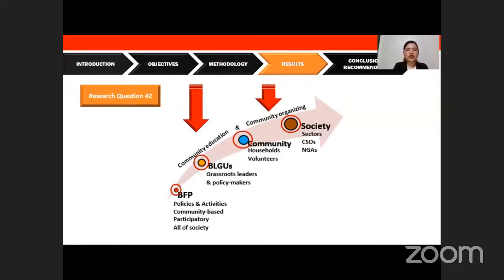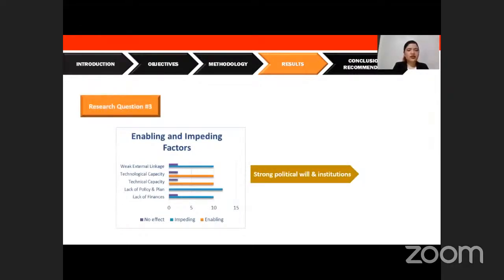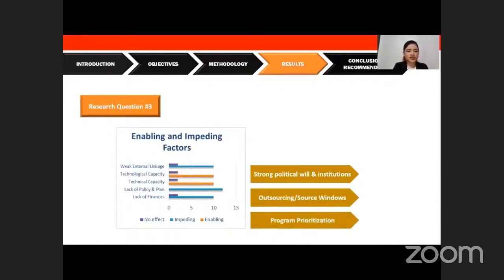education and community organizing. The following are the enabling and impeding factors that either affect or do not affect the implementation of the fire prevention and risk reduction measures of the Bureau of Fire.